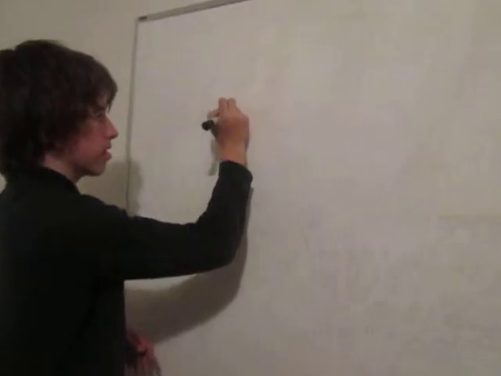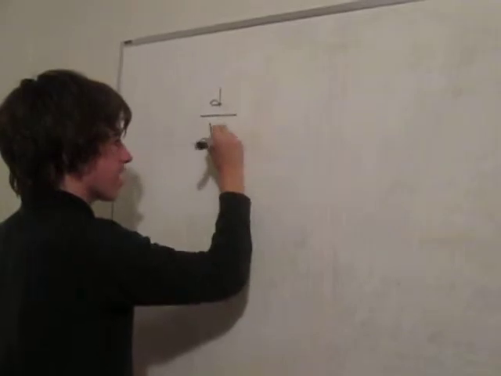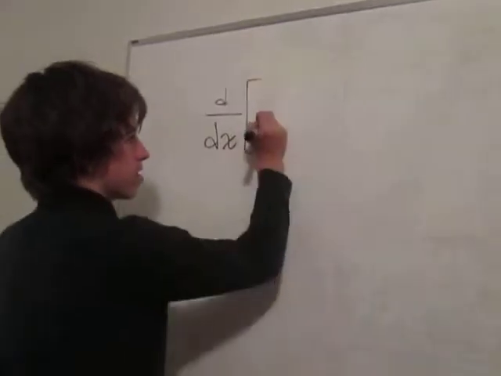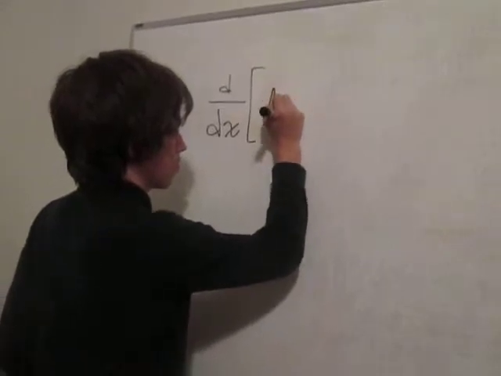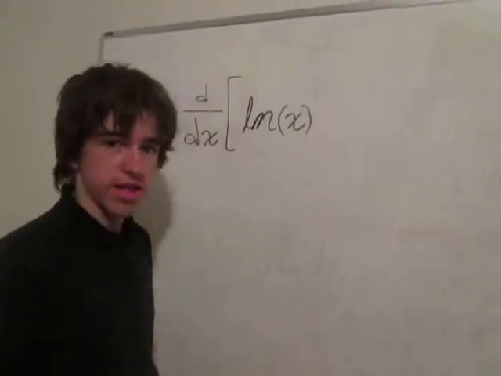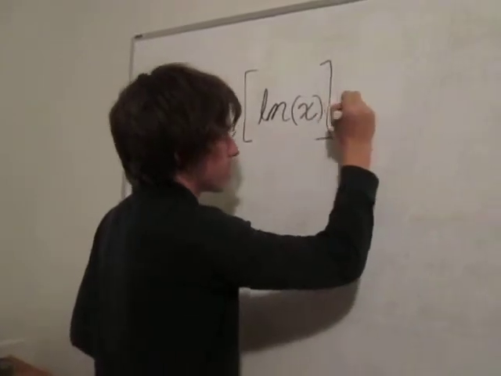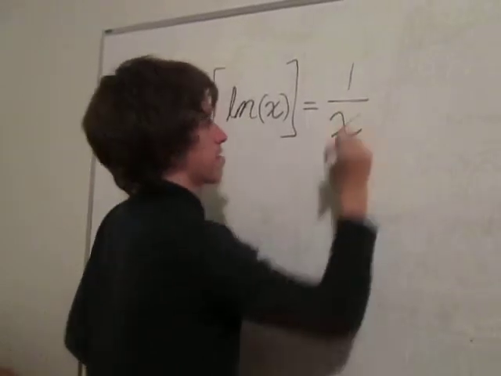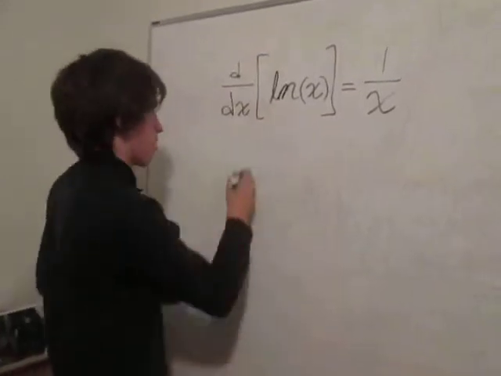For one, I'm going to write like this from now on. d/dx of the function, in brackets, natural log of x, so that's the power that e goes to get to x, is equal to 1 over x. Right? That can be proven. Not in this video, but perhaps later on.